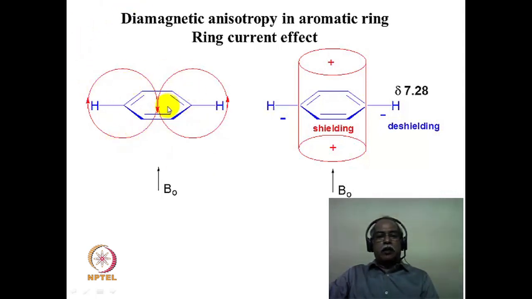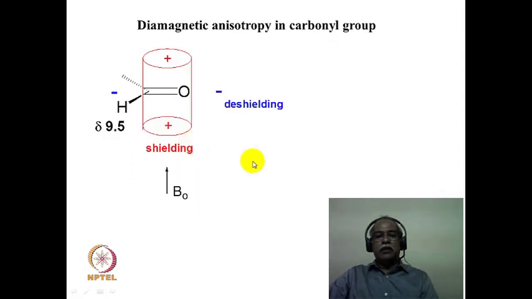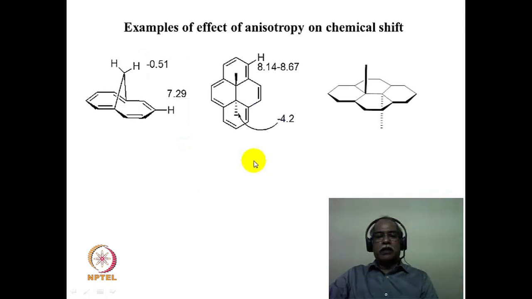Any other geometry, where the benzene is at an angle to the externally applied magnetic field, for example, will be averaged out in a solution phase spectrum. So what we observe in a solution phase spectrum is only an average anisotropic effect of the various possible orientations of a molecule with respect to the externally applied magnetic field.